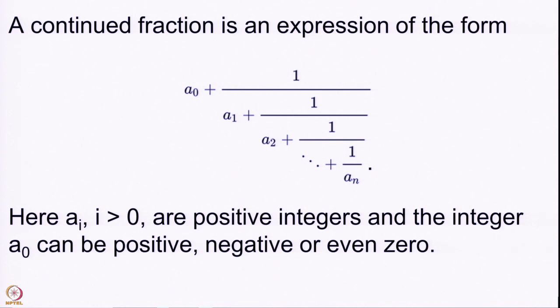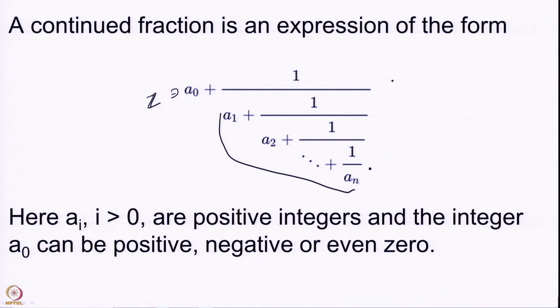Here these integers ai, they are positive integers from a1 onwards. So, from a1 onwards these are all positive, and a0 is just an integer. It can be 0, it can be positive, or it can even be a negative integer.